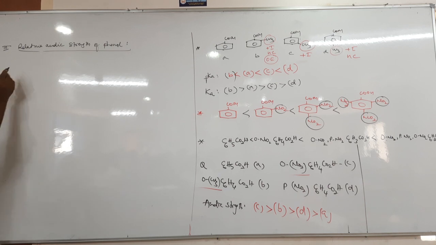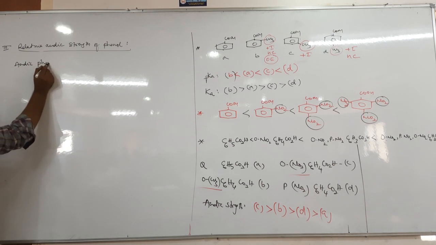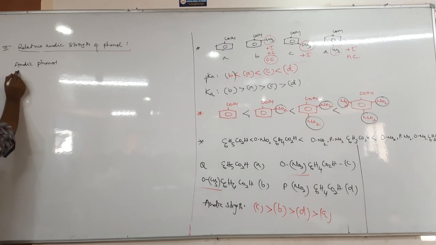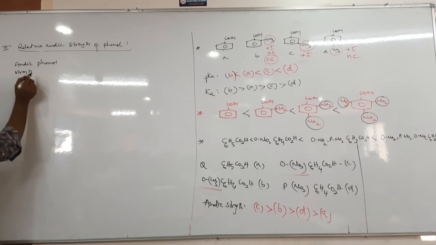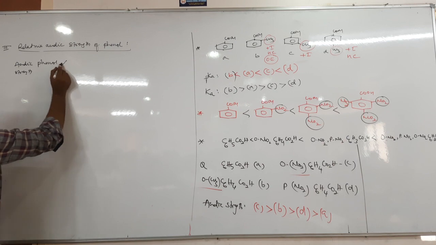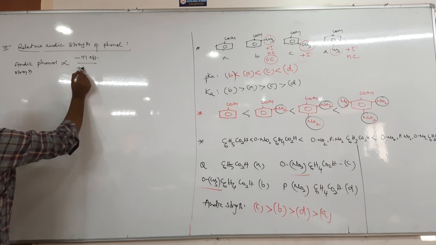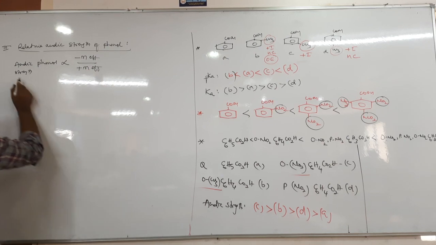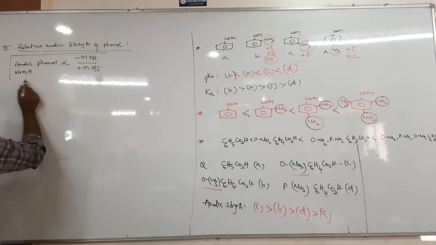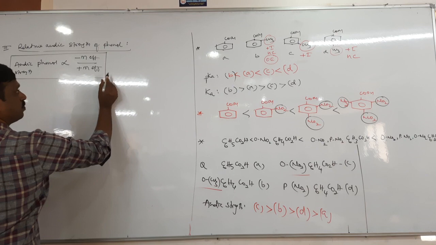Tell me, acidic strength of phenol is directly proportional to minus M effect, inversely proportional to plus M effect. That is as usual.